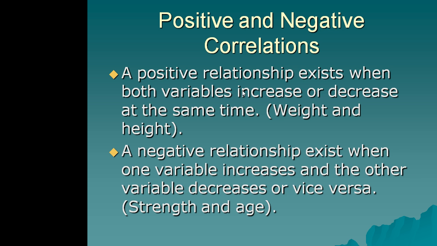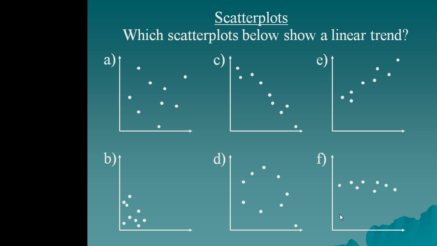All right, so a positive relationship exists when both variables increase or both decrease at the same time. A negative relationship exists when one increases and the other variable decreases. Okay? All right, so which of these, well, let's start with this one. Any correlation here? No, no real correlation.